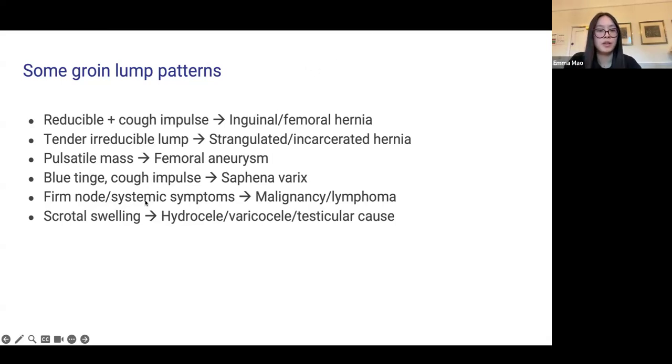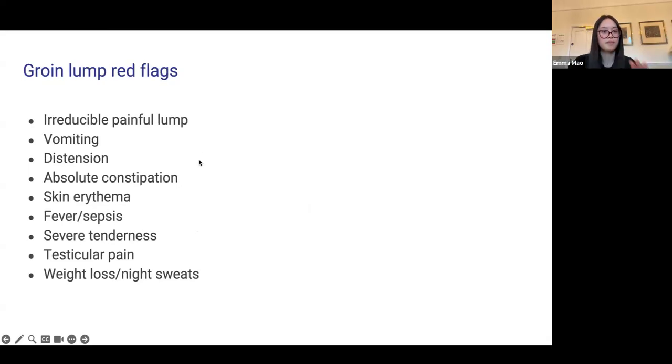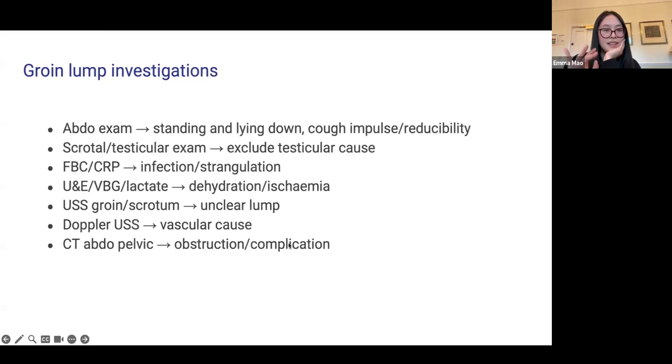If it's very firm with systemic symptoms, then you need to check for malignancy. That could be a lymph node, so lymphoma as well. And if there's associated scrotal swelling, you can see if it transilluminates, or if it looks like a bag of worms, etc. Okay. Yeah, these are the red flags.